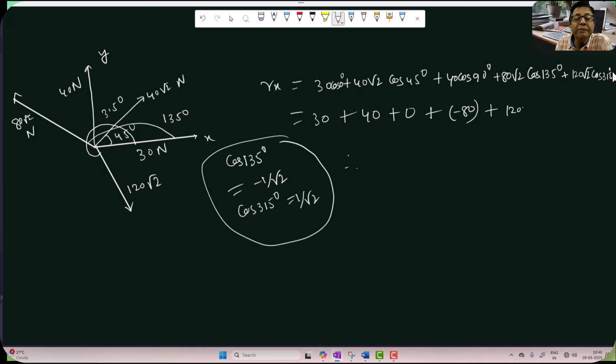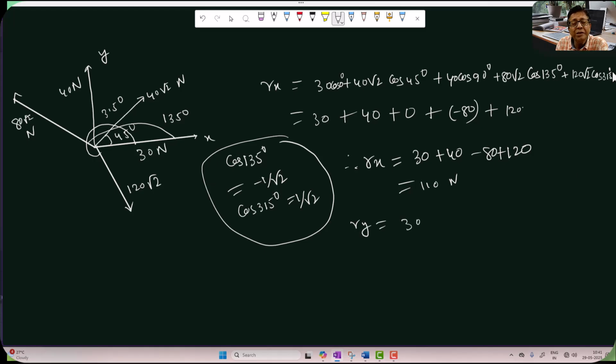Cos 315 degree fourth quadrant, it will be 1 by root 2. So Rx going to be what? 160 plus 30 or 90, that is 110 Newton.